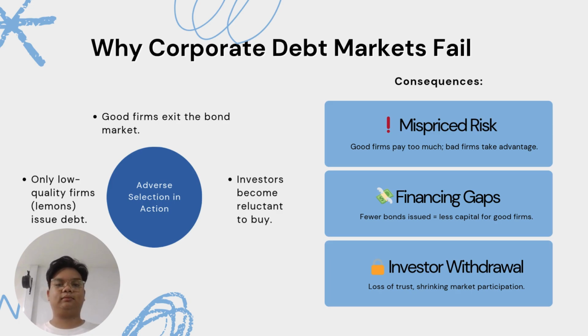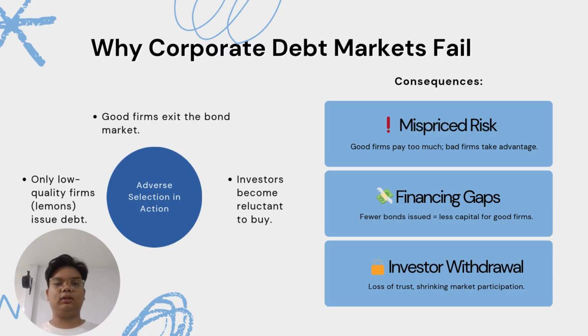Firstly, for the adverse selection in action, the good firms will exit the bond market. And then after that, only low quality firms, or what we call lemons, are issuing debt. And lastly, investors will become reluctant to buy this corporate debt in the market.